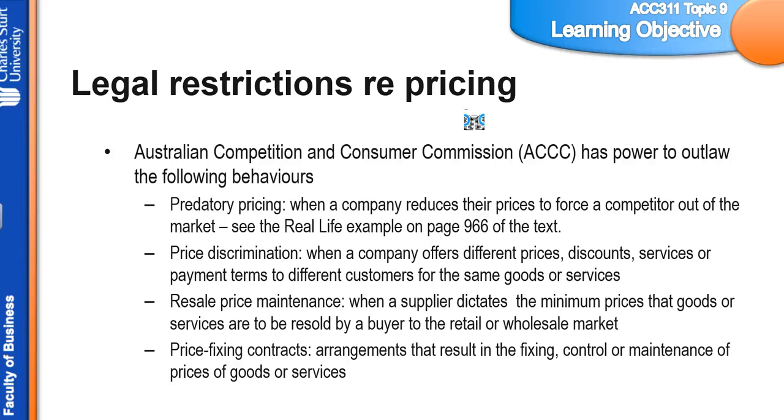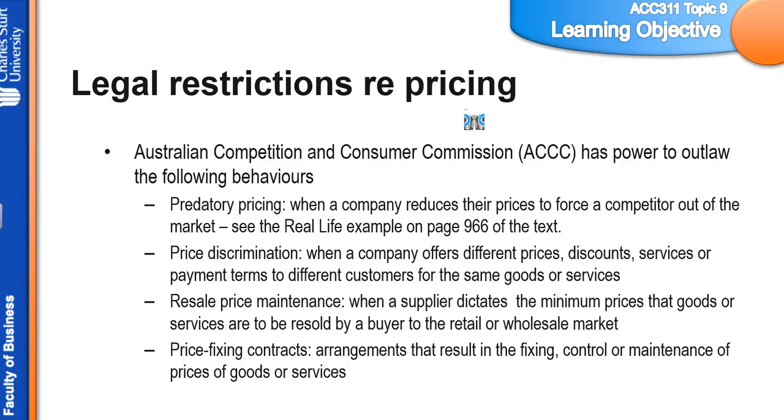There's also price discrimination, where a company offers different prices to different customers for the same goods or services, and that's not allowed under the law. There's also resale price maintenance, where a supplier dictates the minimum prices that goods or services are to be resold by a buyer to the retail or wholesale market.